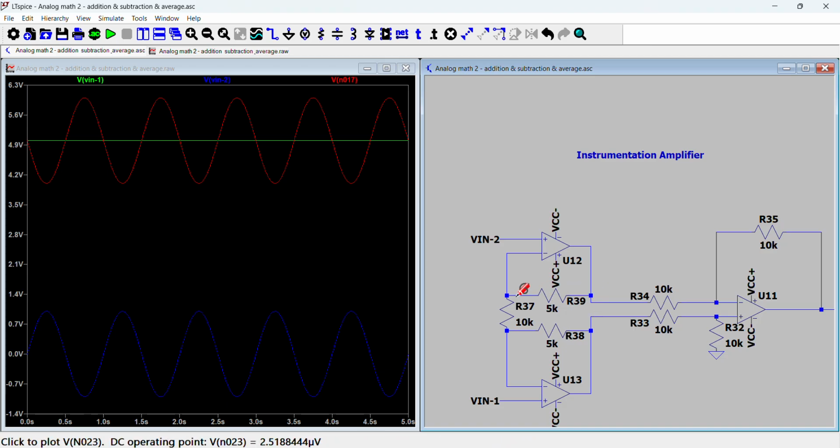And the current through this segment is the same as the current through this resistor because of Kirchhoff's current law. So therefore, when you expand the math, what you get is the difference between these two voltages multiplied by a resistor constant, which is 1 plus 2 times this resistance divided by this resistance.